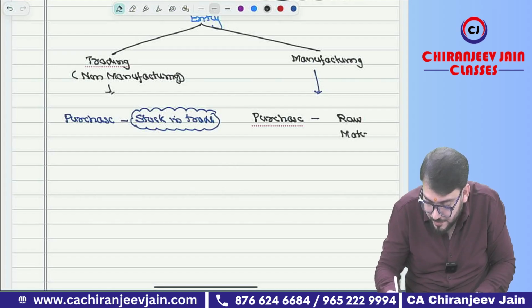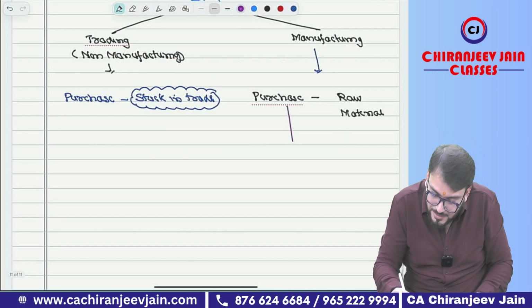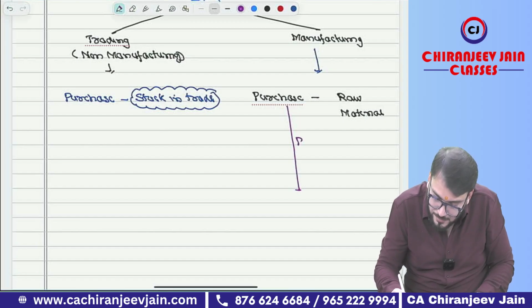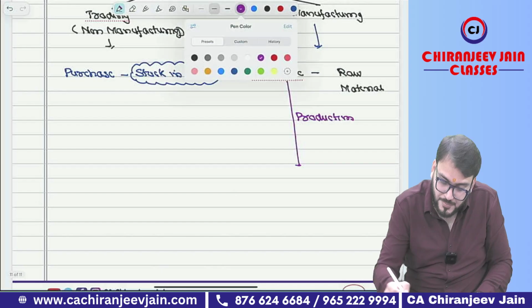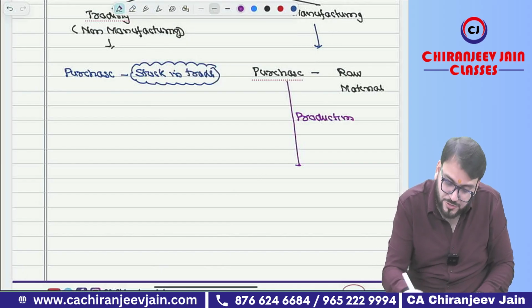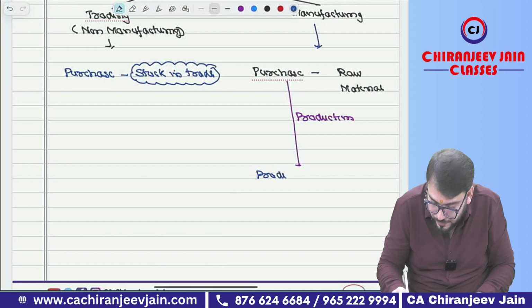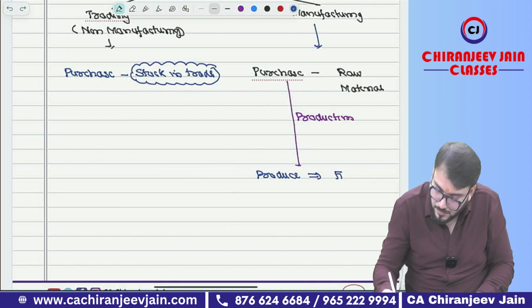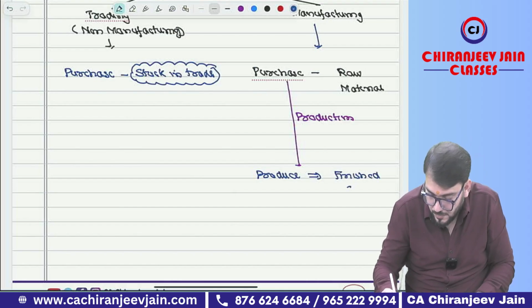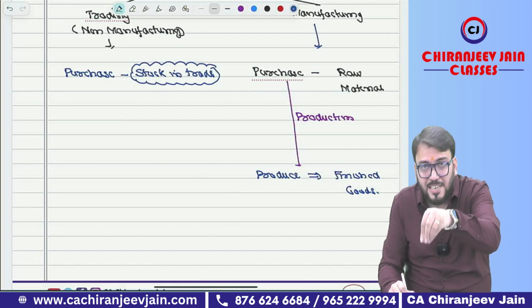Whatever they produce for sale is finished goods. So they purchase raw material and put it into production, and whatever they produce is known as finished goods.